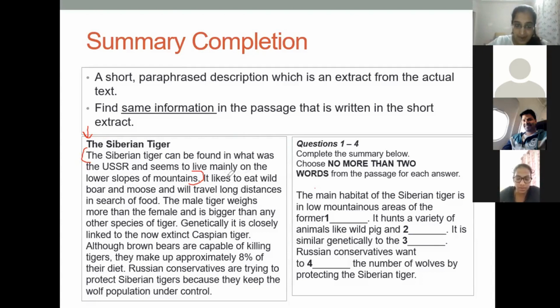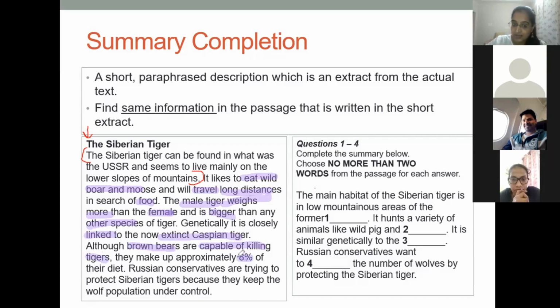For example: eat, wild boar, moose, travel long distances, food, male tiger, weighs more, female, bigger, other species, linked to extinct Caspian tiger, brown bears, capable of killing tigers.